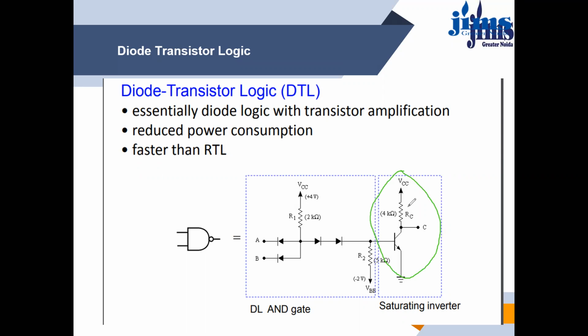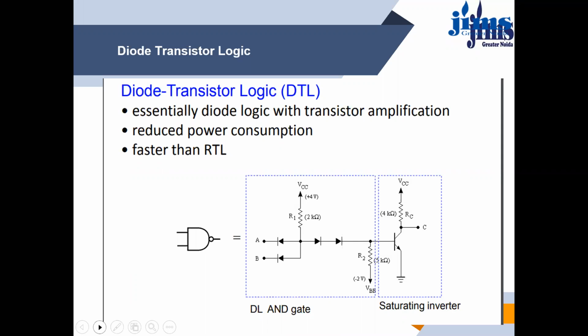This transistor is used to amplify the input, meaning whatever power is consumed by the circuit, it will enhance that circuit. That's why it is faster than RTL. This is the basic circuit. In a similar way, we can derive the truth table for this circuit as we have derived before.